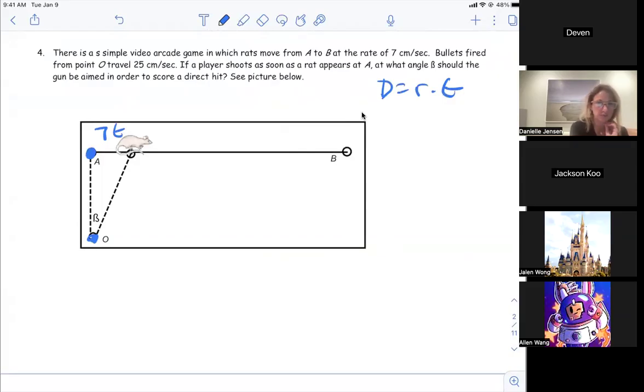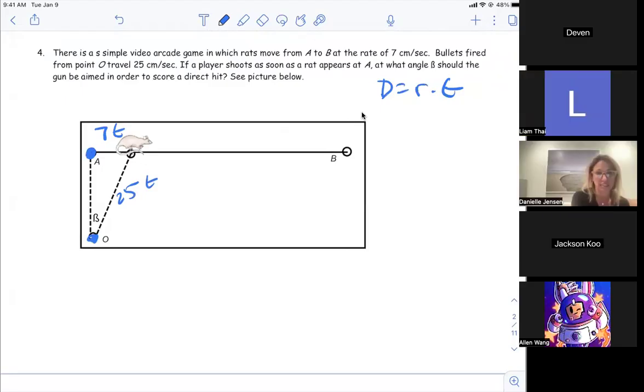Whereas for the bullets, capturing that distance will be 25 centimeters per second times time. That allows me to capture the distance, because for a triangle, I need the distance formula.